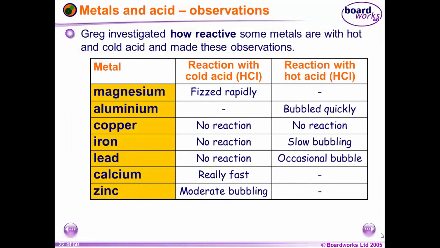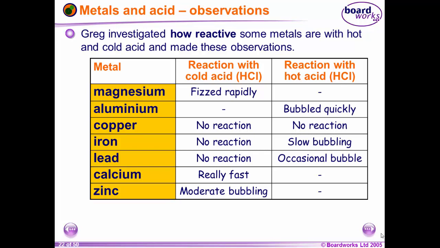Now to summarise observations, we have the reaction with cold acid and the reaction with hot acid. You will not be using hot acid. So magnesium fizzed rapidly, producing a great deal of hydrogen. With hot acid, we didn't do that. You wouldn't do that. Aluminium, in hot acid, bubbled quickly.